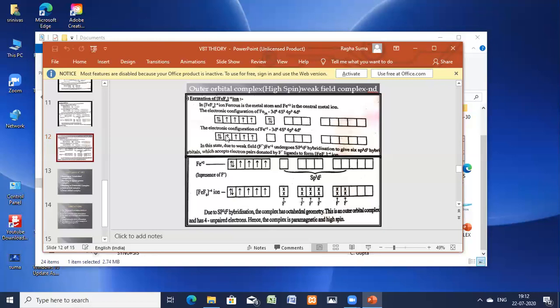There are no empty inner orbitals here, and you need an empty orbital for the coordinate covalent bond. So for Fe+2, these are as they are. One s, 3 p's and 2 d's are involved in the hybridization. An sp3d2 hybrid orbital is formed.